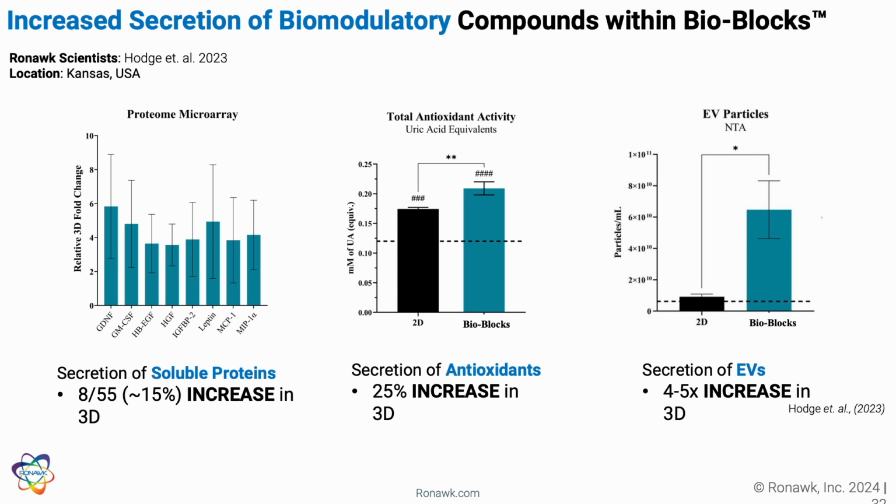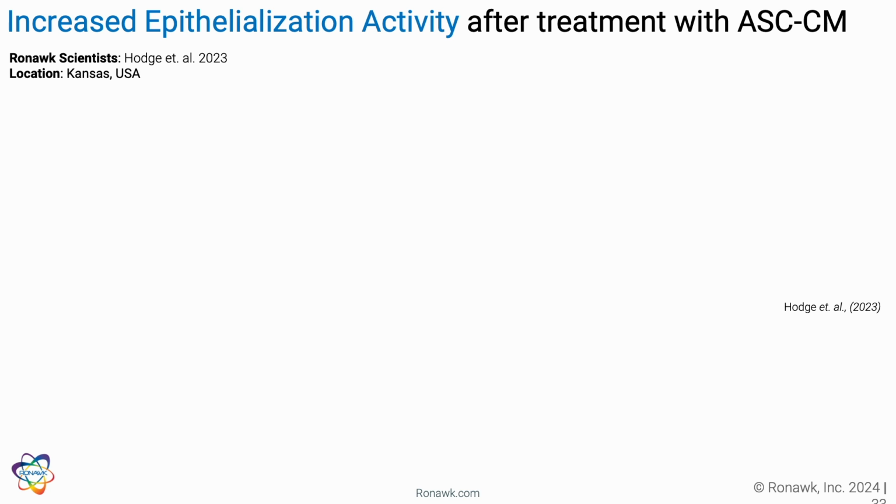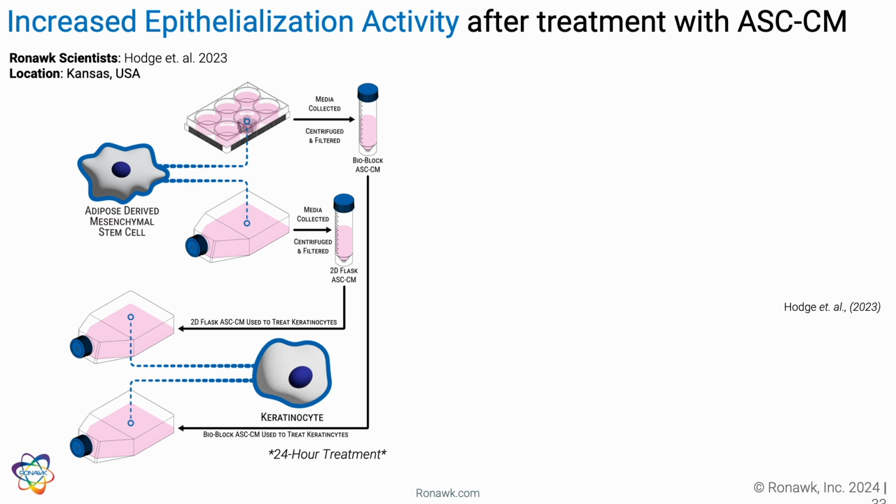what we then did was we wanted to assess, indirectly, the functionality and quality of that secretome component. So we cultured MSCs again in the bioblock, and we also cultured MSCs in a 2D environment, in this case a flask.